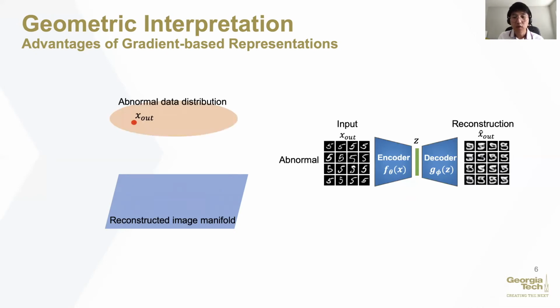Now, when an abnormal image X out sampled from the abnormal data distribution is given to the network, it will be poorly reconstructed since the abnormal data has not been utilized for training. The distance between X out and its reconstruction X hat out is formulated as the reconstruction error.